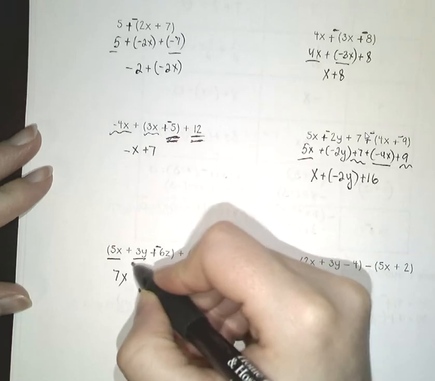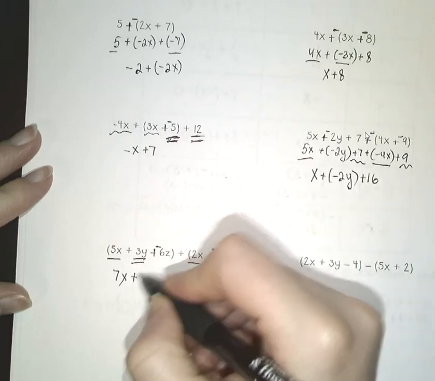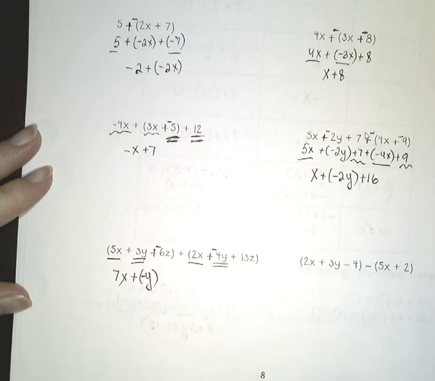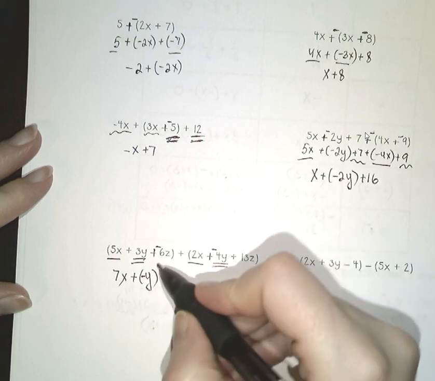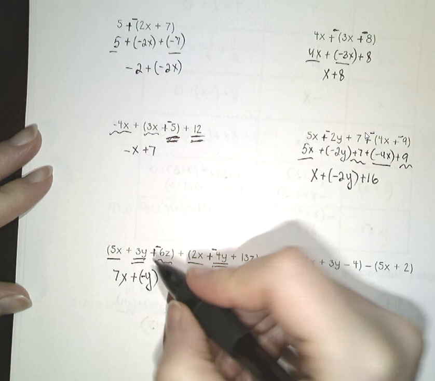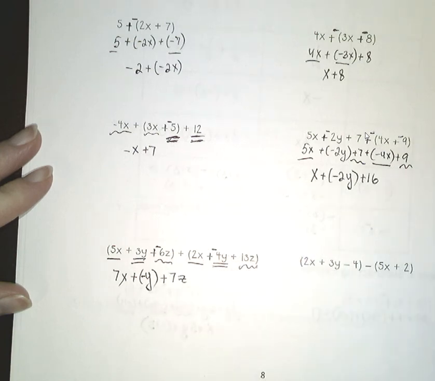I have 3y and negative 4y, which will result in negative 1y, or just negative y. And then I have negative 6z and 13z. When I add them, I will get 7z. So I get 7x plus negative y plus 7z.